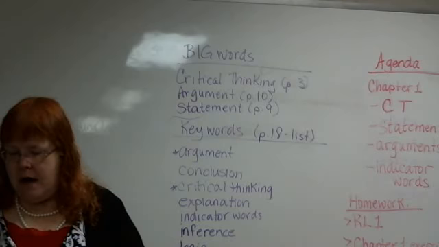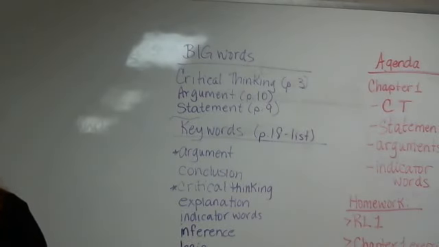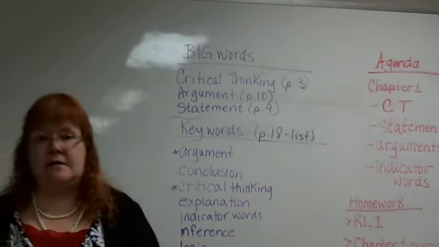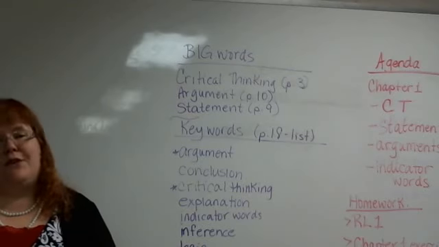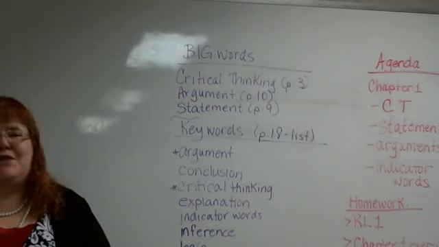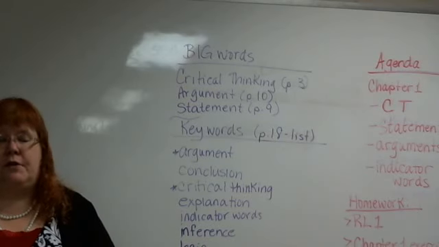Okay. There are other ones that point to or indicate a conclusion: therefore, thus, consequently, so, it must be that, as a result of. So you have a few pieces that you can look for to point the way out for you.